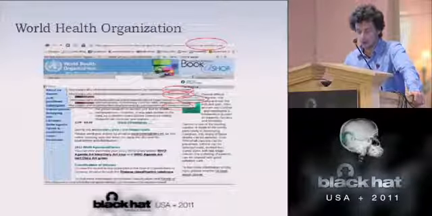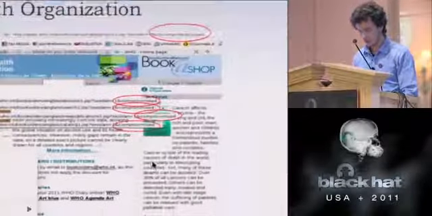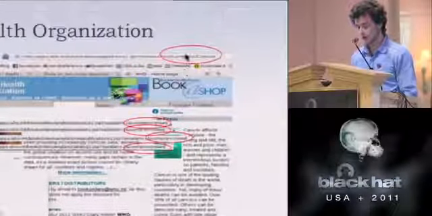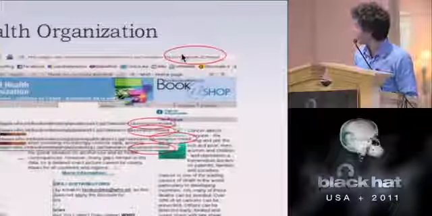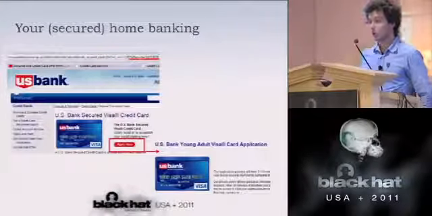This, for example, is the World Health Organization. You don't see it, but if you can inject on the home page, all the links here on the left have been injected. Then you have your secured home banking.